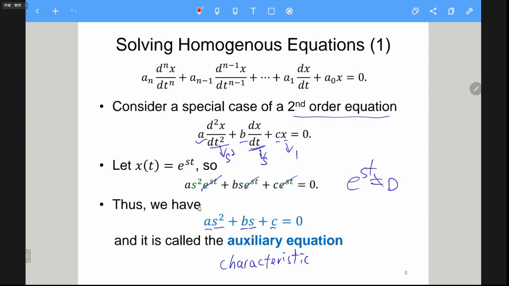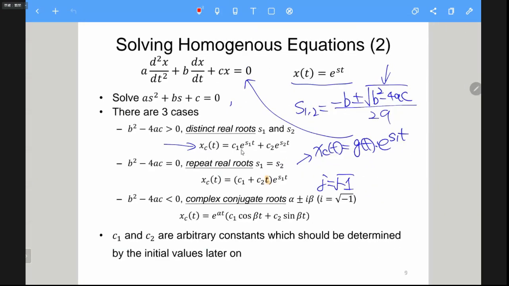Okay, so after making this substitution into the original homogeneous equation, you will get this algebraic equation, and then you can try to solve it. The most useful case is actually this one, the most complicated one, where b squared minus 4ac is smaller than 0. Then you will get a form like this.